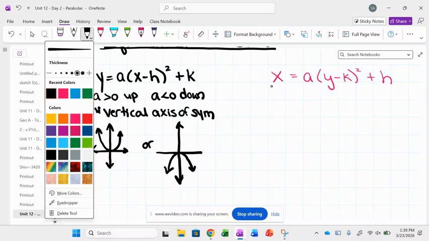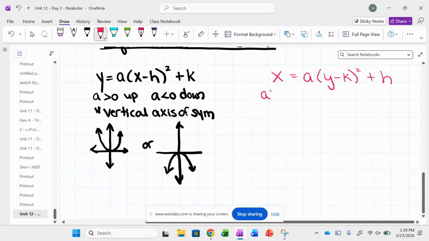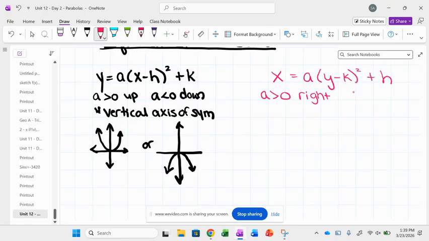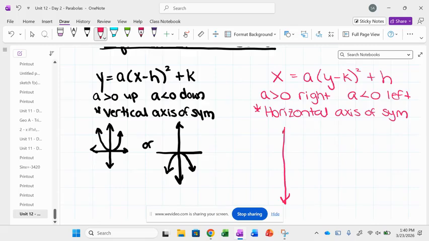And we know if a is greater than 0, it's going to open to the right. If a is less than 0, it will open to the left. And what about the axis of symmetry for this one? It is a horizontal axis of symmetry. So it looks something like this.